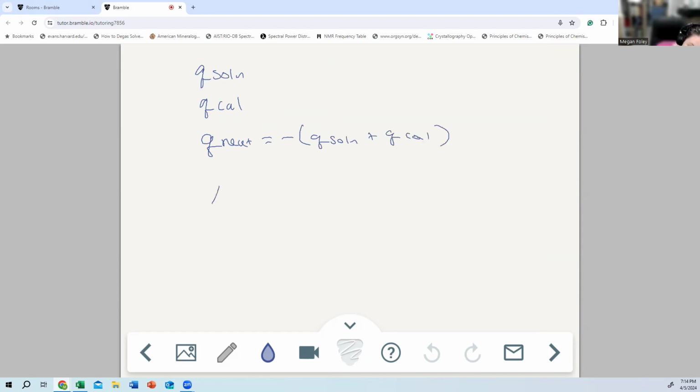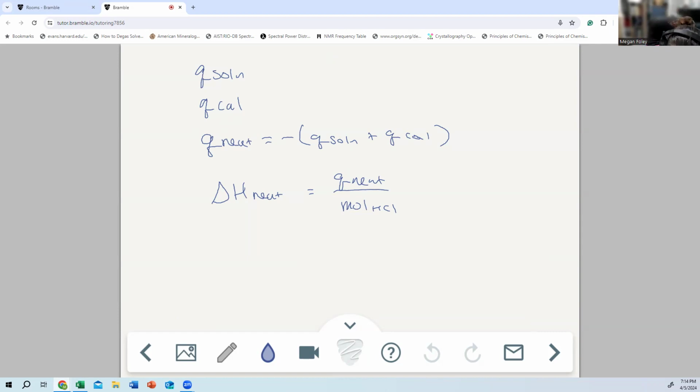And then our delta H of our neutralization reaction is going to be equal to the Q of that neutralization reaction divided by the moles of HCl. We're going to use the moles of HCl here because our HCl is going to be our limiting reactant, which you probably have already realized at this point.